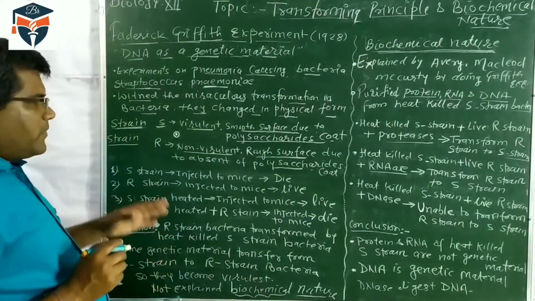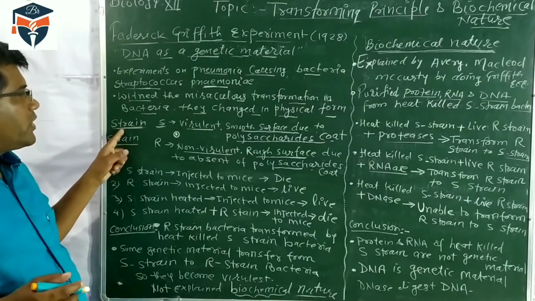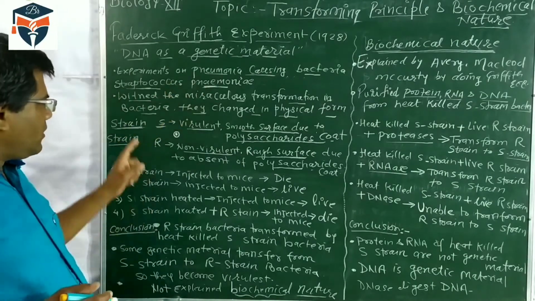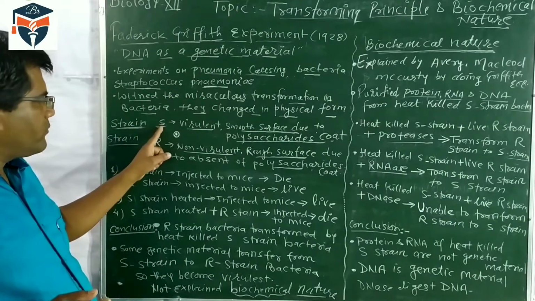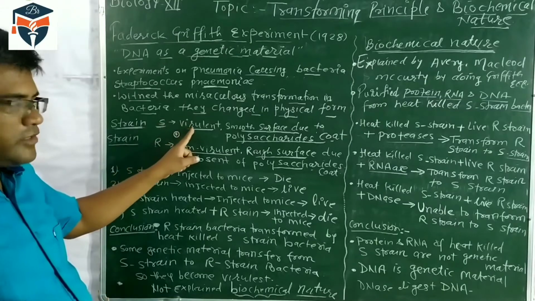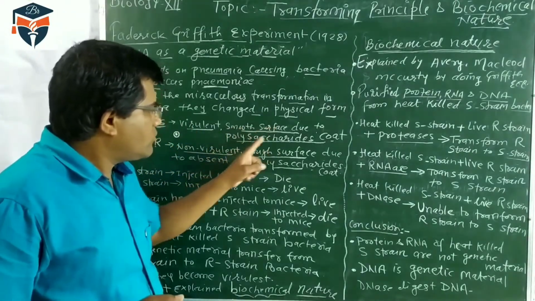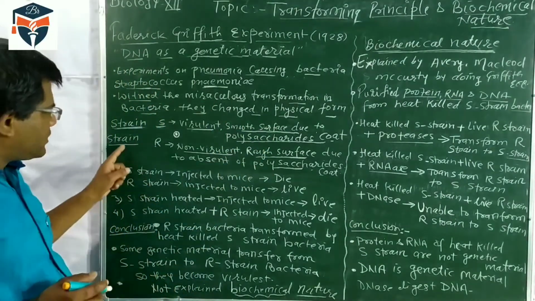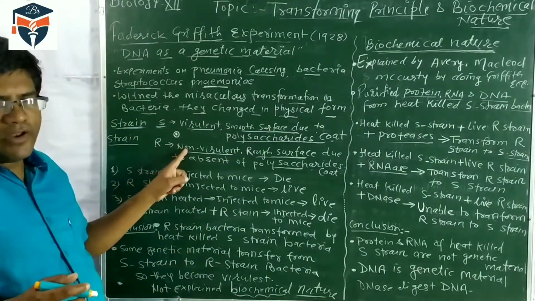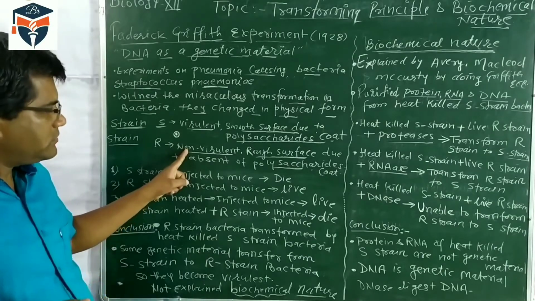So we should remember there are two strains of Streptococcus pneumoniae. Strain S is virulent, it causes pneumonia, and has a smooth surface due to the polysaccharide coat. But strain R is non-virulent, it does not cause the disease pneumonia.